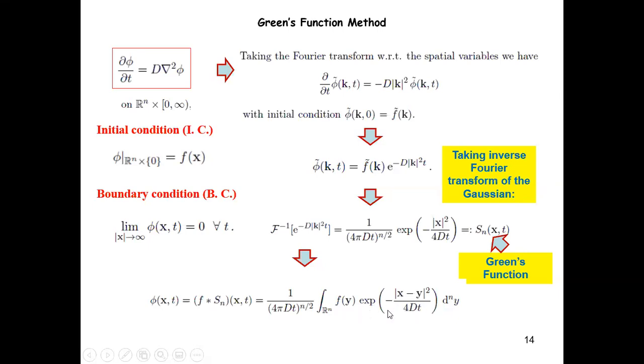This Gaussian simply tells you that if I have some solute at one location, how this solute spreads out over time, and how at a particular distance it spreads out.